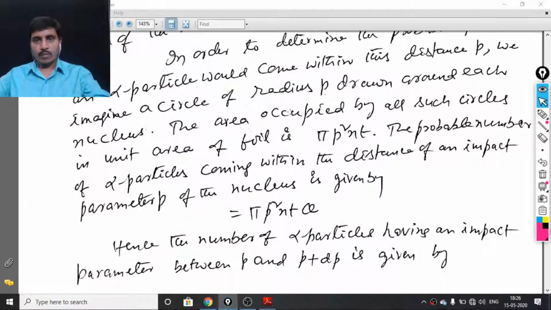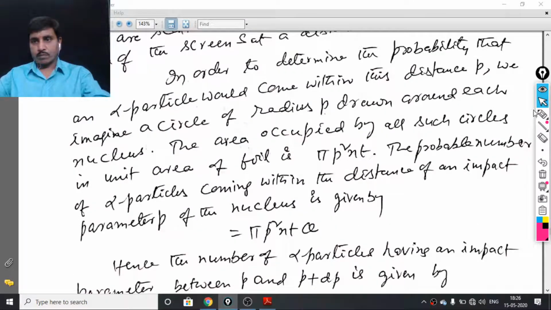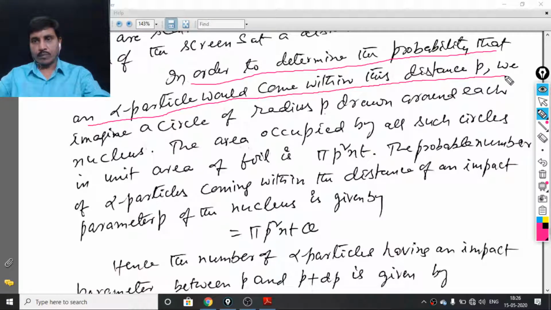Now, in order to derive the probability that an alpha particle would come within the distance p, where p is the impact parameter, we imagine a circle of radius p drawn around each nucleus of the atom.